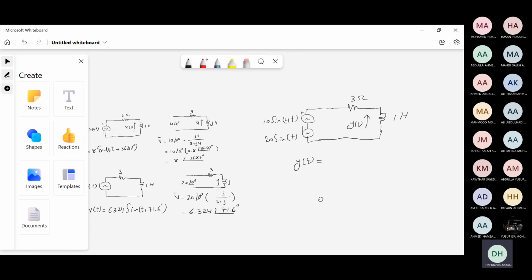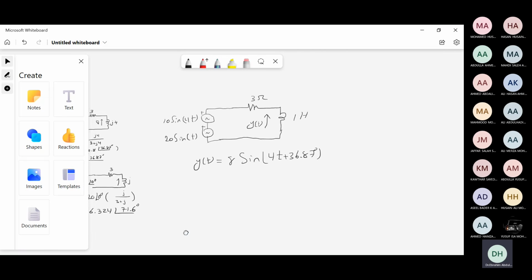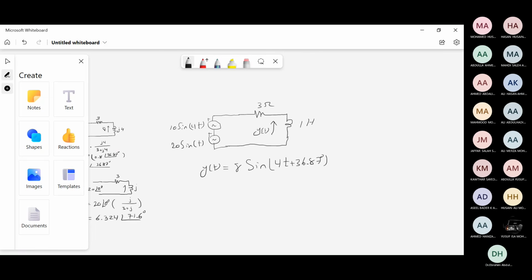So from source number 1, we get this: the output will be equal to 8 sine of 4t plus 36.87, plus the output from the second one, 6.324 sine of t plus 71.6.